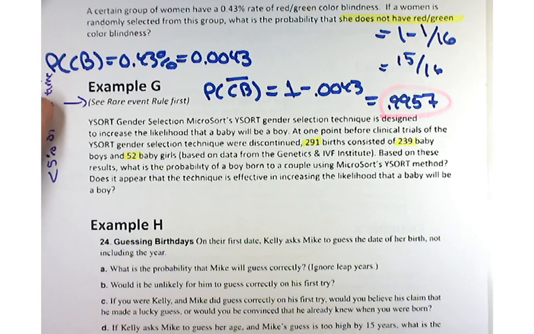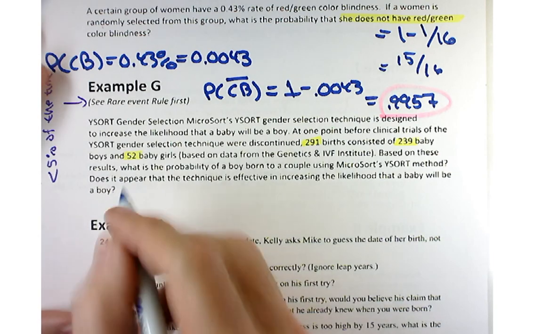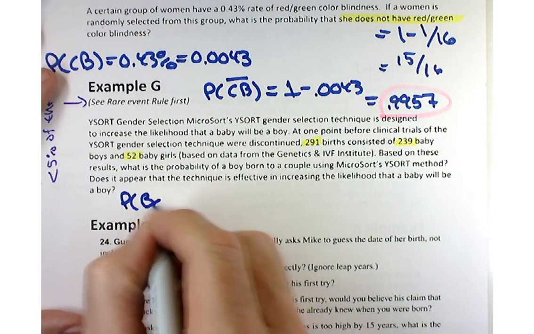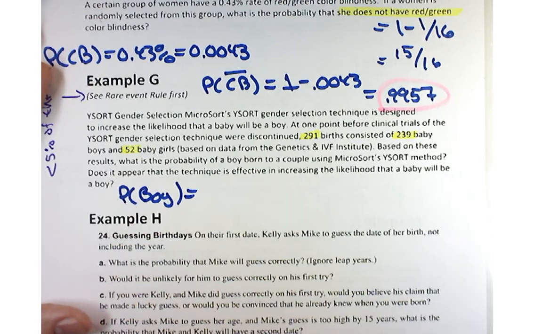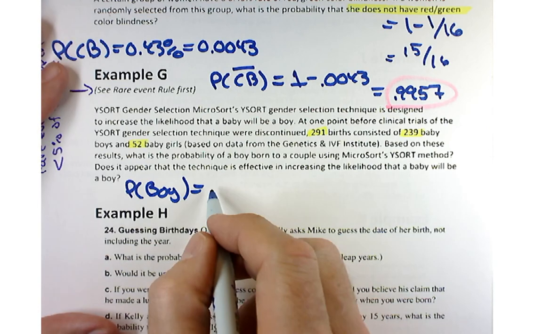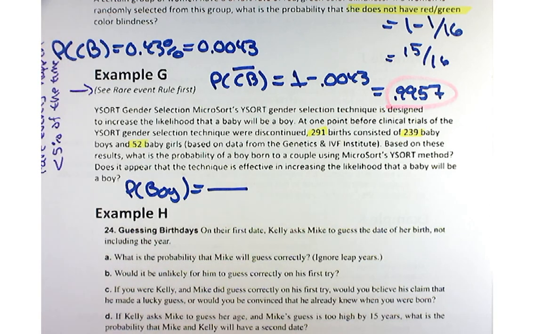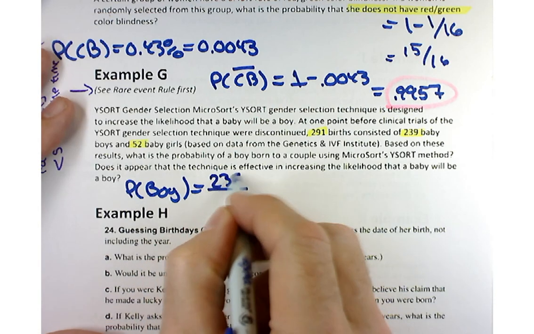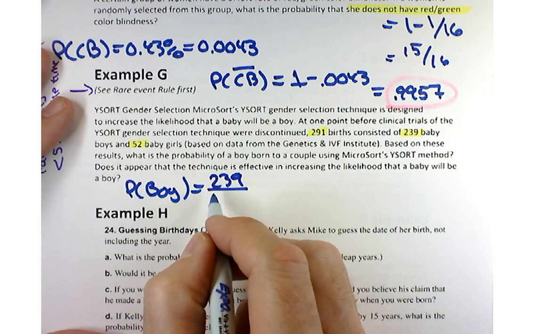So let's first of all calculate the probability of a boy amongst these results. What's that probability? 239 over which? 291.